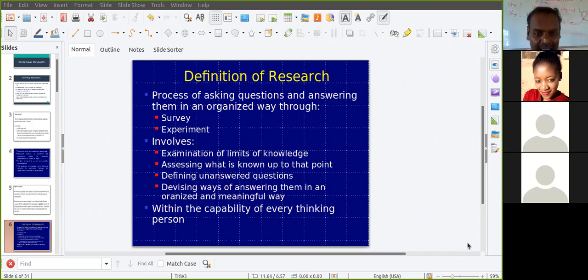It involves examination of limits of knowledge or assessing what is known up to that point. Then you are defining unanswered questions and also devising ways for answering them in an organized way. So everything is done through the capability of thinking persons.